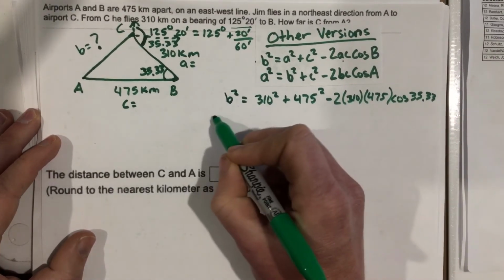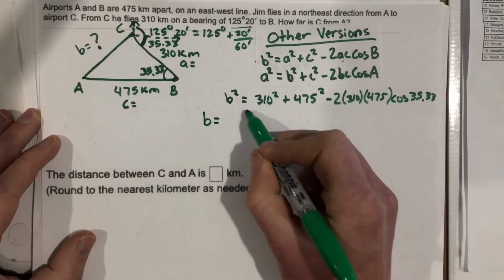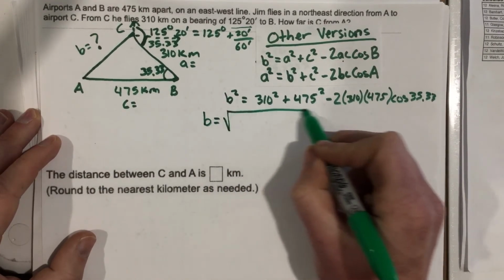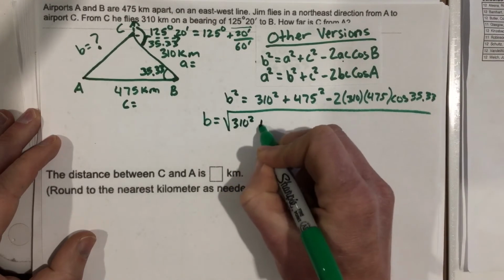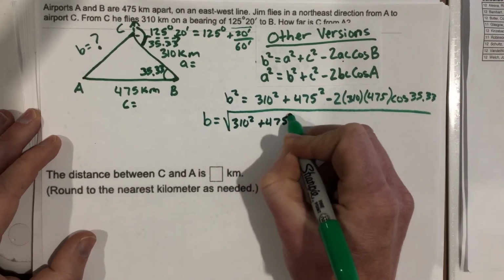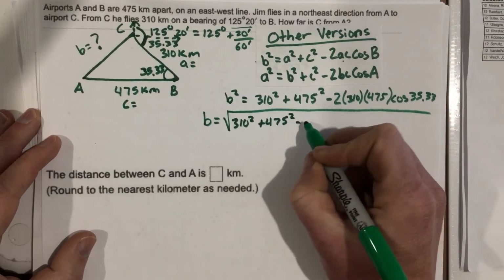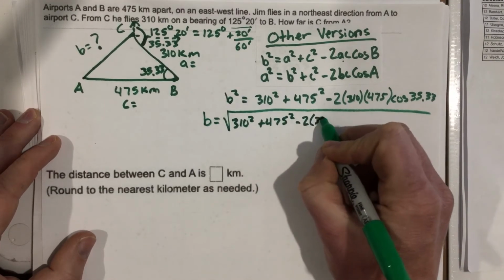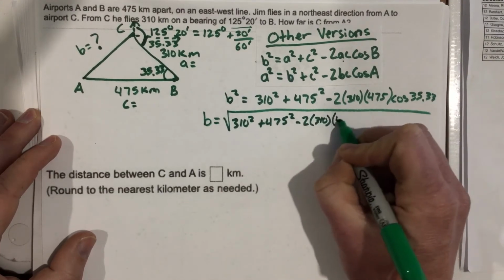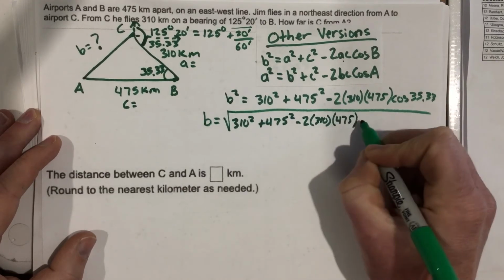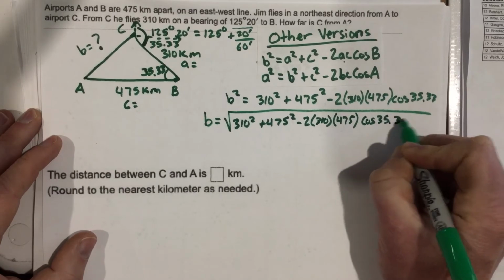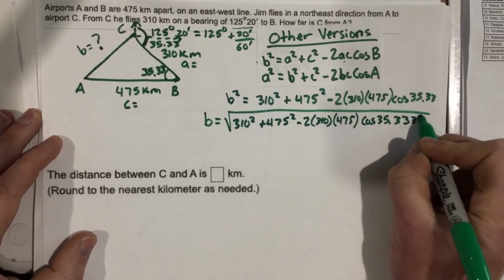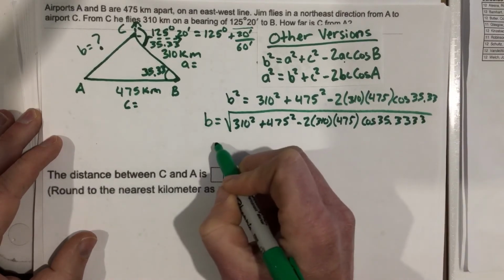So then I can say that B equals, if I take the root of each side, the square root of 310 squared plus 475 squared minus 2 times 310 times 475 times cosine 35.33 repeating. I'll use 4 decimal places.